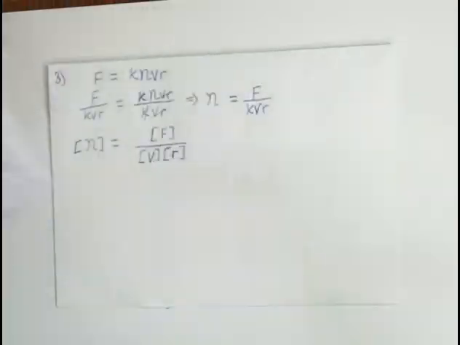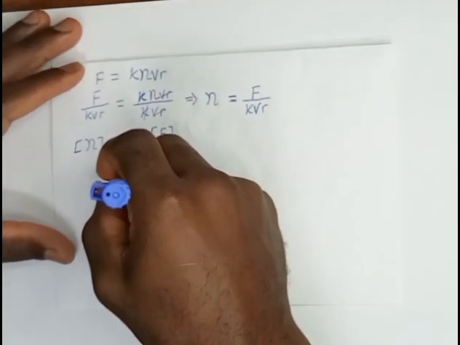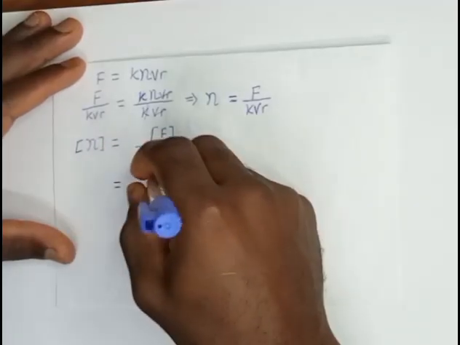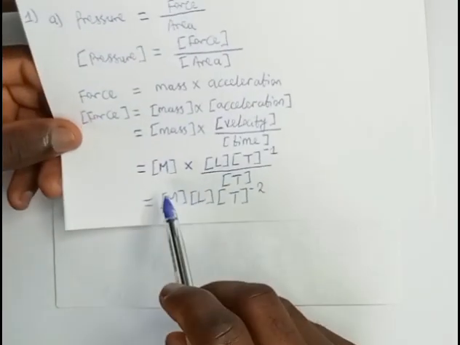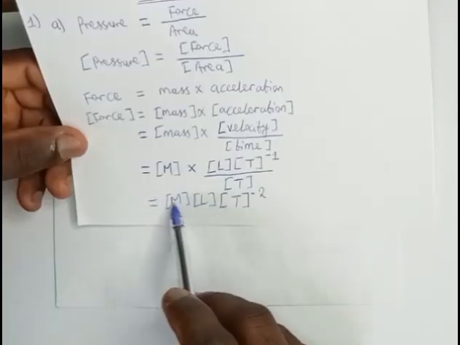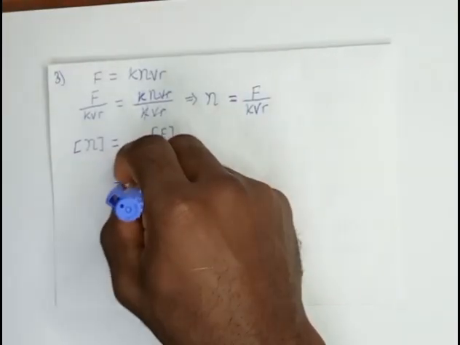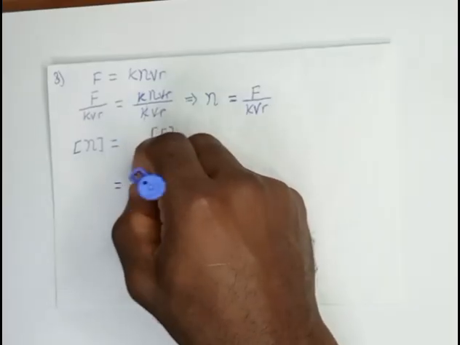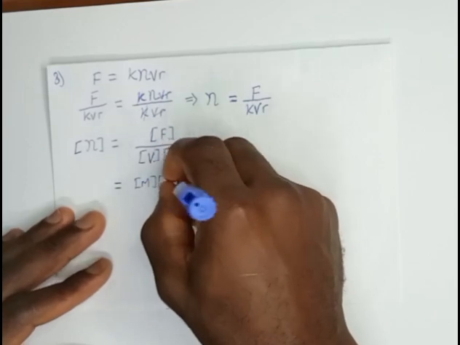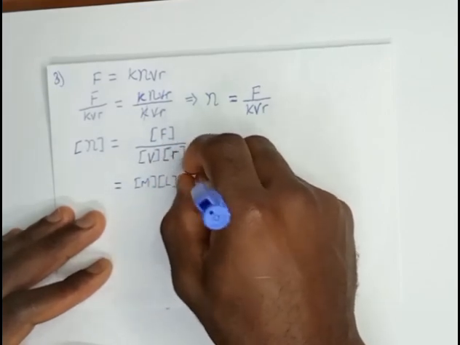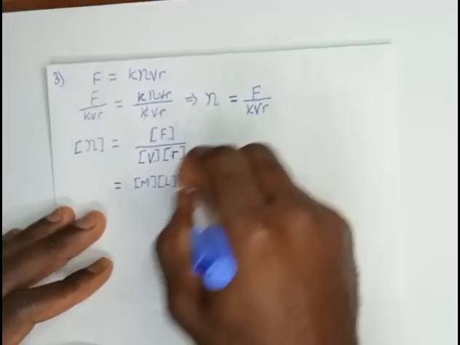That means V is velocity. We are going to insert the dimension of force. The dimension of force is simply given by, this is it from question 1, we have M times L times T to the power -2.